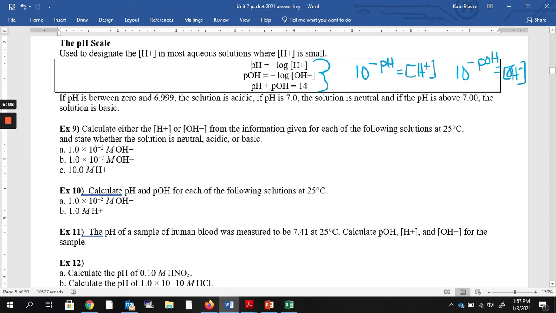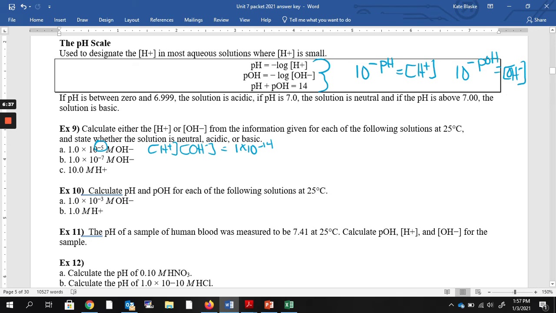All right. So for A, if my OH minus concentration is 1 times 10 to the negative 5, I know that my H plus concentration times my OH minus concentration have to equal 1 times 10 to the negative 14th. Now, sneaky thing about scientific notation: when I multiply scientific notation, the exponents add together.